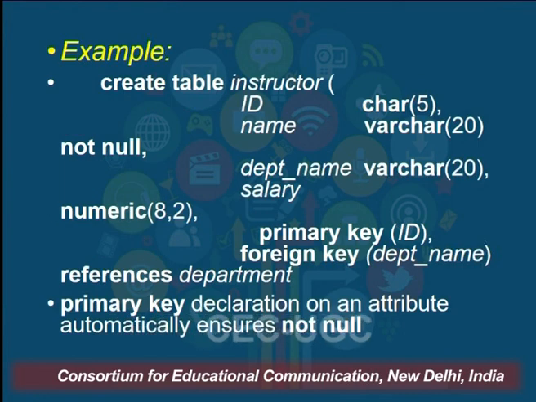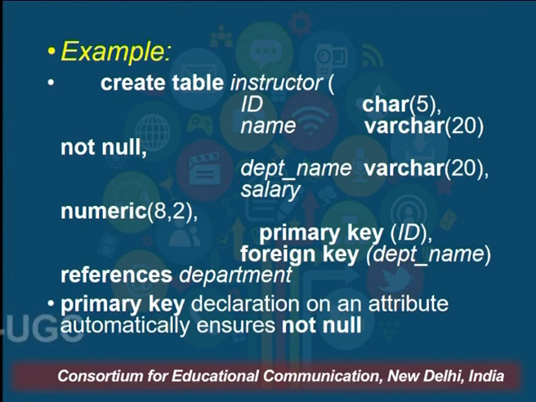So, here with the similar command of the previous example, I have taken create table instructor. Now, after this name varchar 20, I have specified not null before the comma.